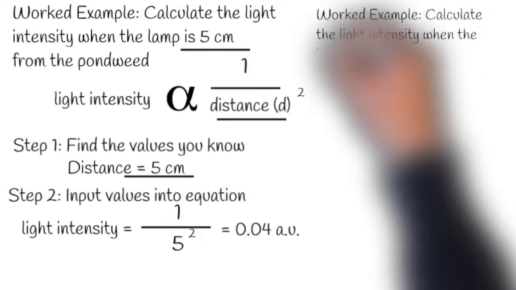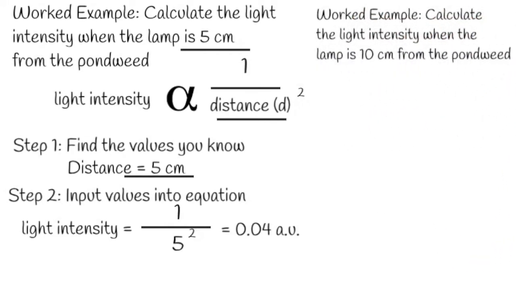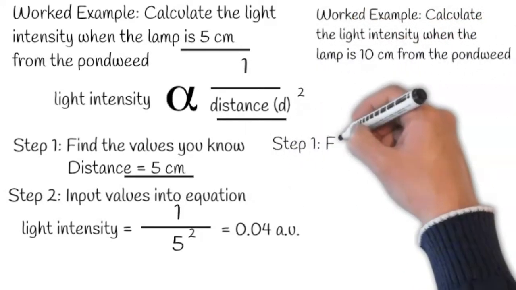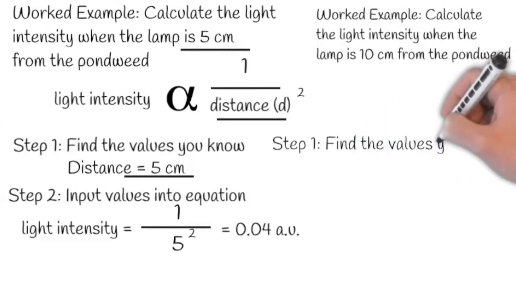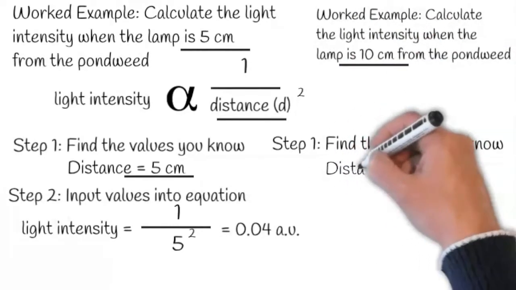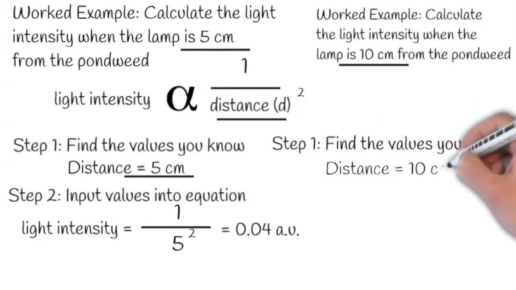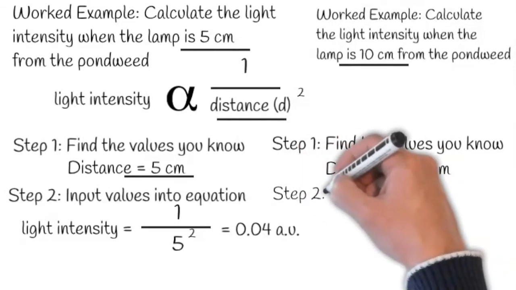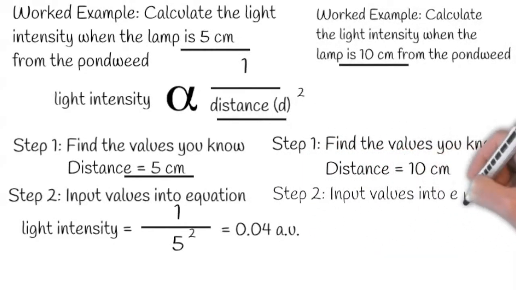Let's go through another worked example, and this time we're going to calculate the light intensity when the lamp is 10 centimeters from the pondweed. So again, we need to find the values that we know. The distance here is 10 centimeters, so we write distance is equal to 10 centimeters. We can then input these values into our equation.